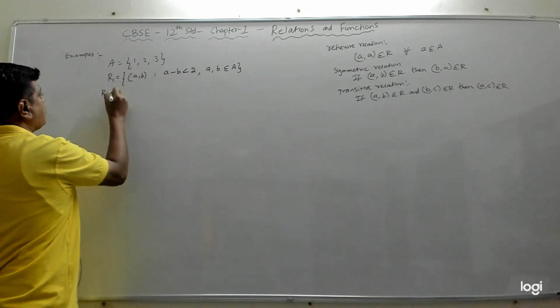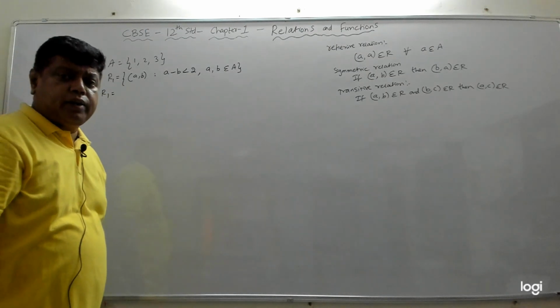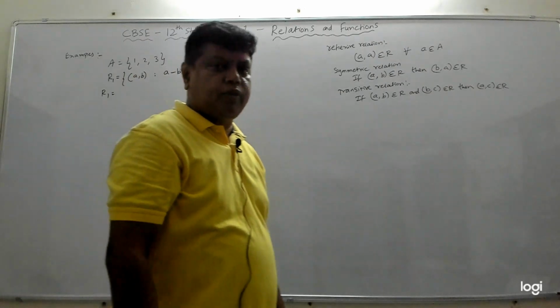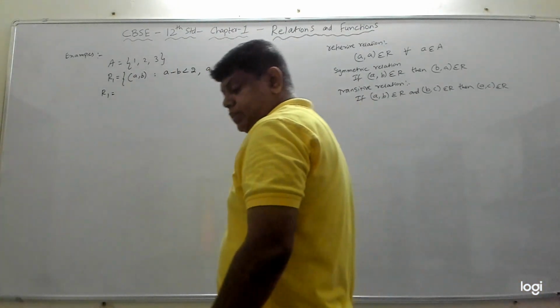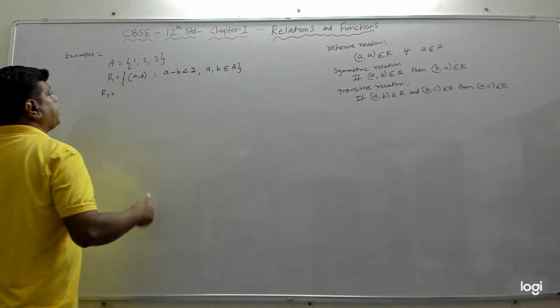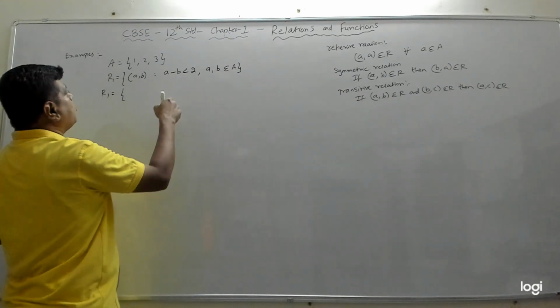Now R1 is given in set builder form. We'll write that in roster form. So if we try to write this in roster form, what do we get? A minus B should be less than 2. Now what is our Cartesian product?